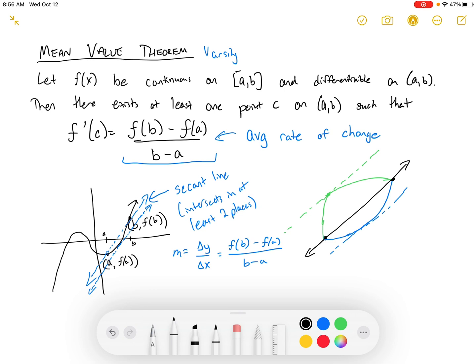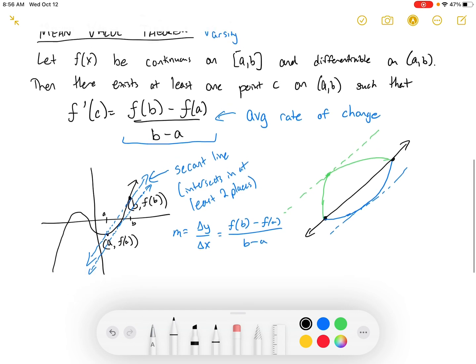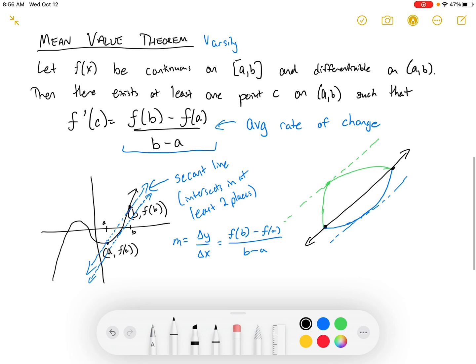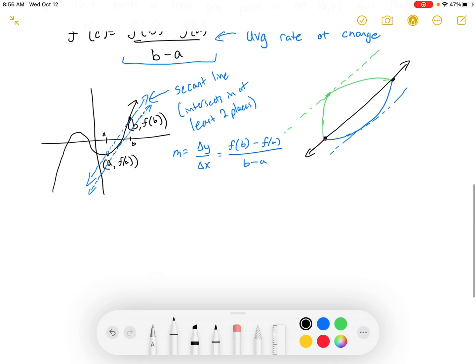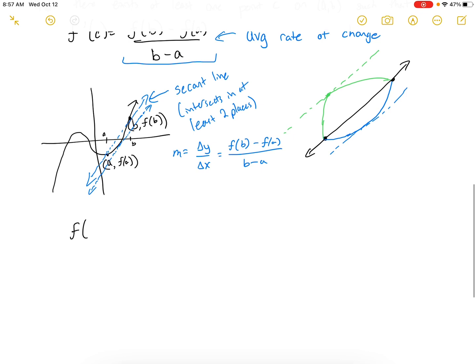Let's do an example. I'll do the example that my other class picked. So we thought about the function f of x equals x cubed minus 4x. Let's first do a little pre-calc review and talk about how we graph this. We'd factor it: x squared minus 4 times x, and of course, that's x plus 2 and x minus 2.